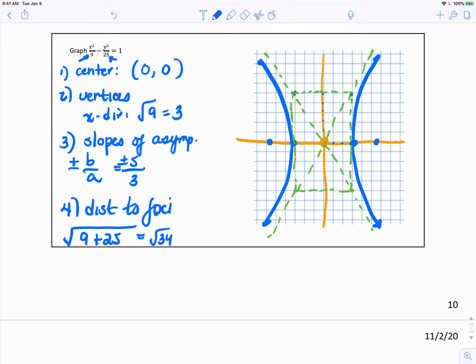So if we were to give the coordinates of the points, this point here is negative square root 34, comma 0. And this point here is positive square root 34, comma 0. And that's how you graph a hyperbola in standard form.